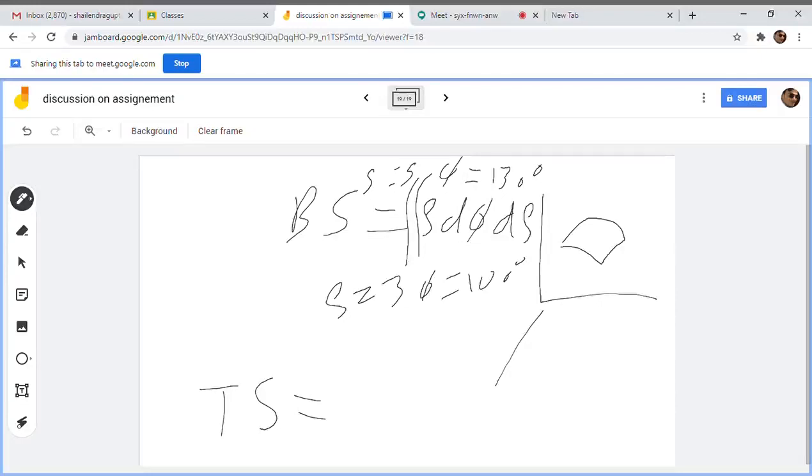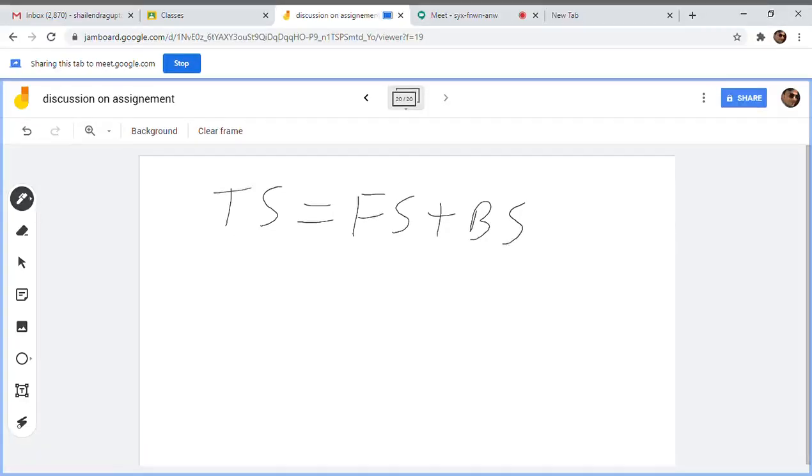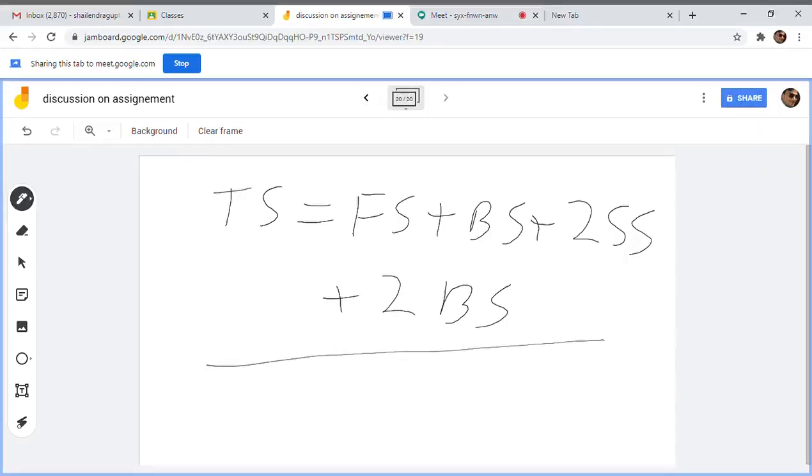So the total surface area will be the front surface plus the back surface plus 2 times the side surface plus 2 times the bottom surface. This will be the total surface area.